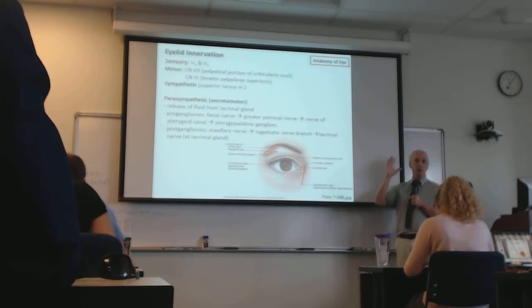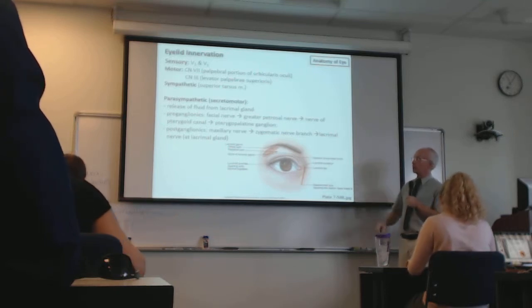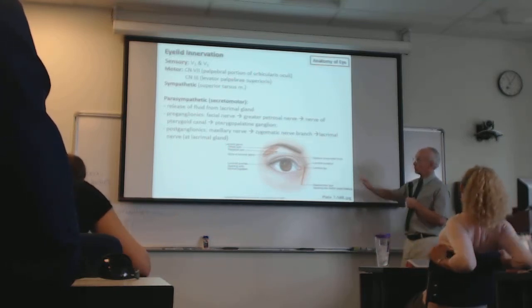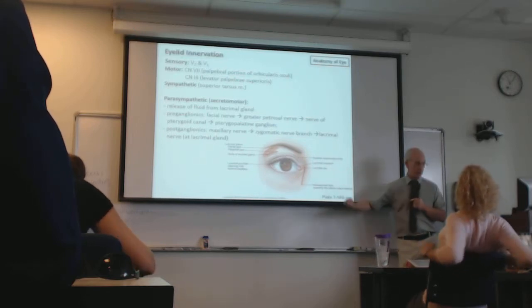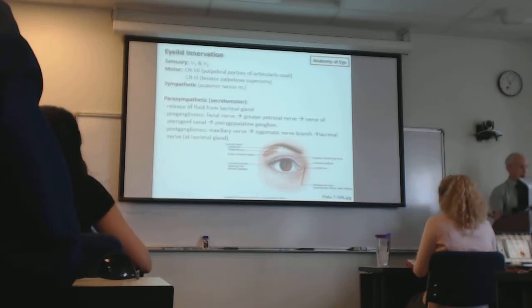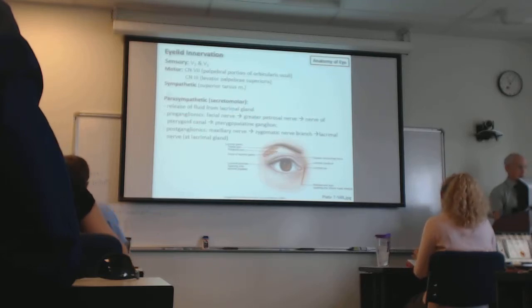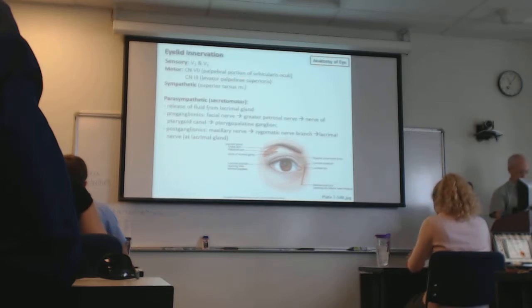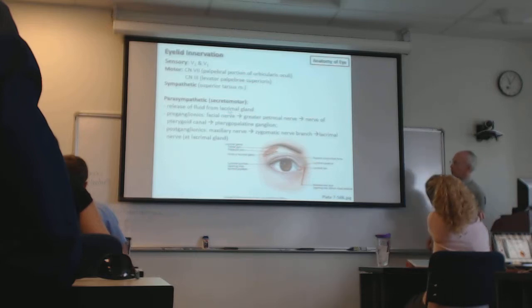So there are a number of regulatory systems involved in that, but the autonomic plays a large part. So we're not going to get into that very complex discussion in here, but I do remind you that the parasympathetic division is primarily responsible for tearing, for production of tears from the lacrimal gland.